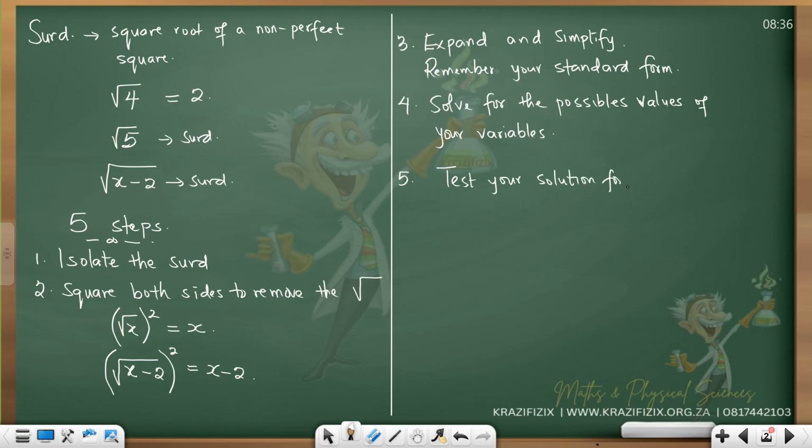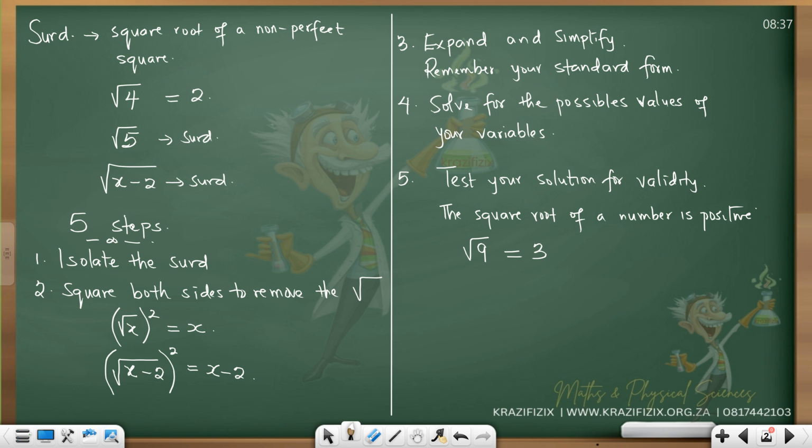And I want to explain why we test for validity. The square root of a number is positive. That is, the square root of 9 is equal to positive 3, not plus or minus 3. I know we spoke about plus or minus, so I want to clarify the difference.